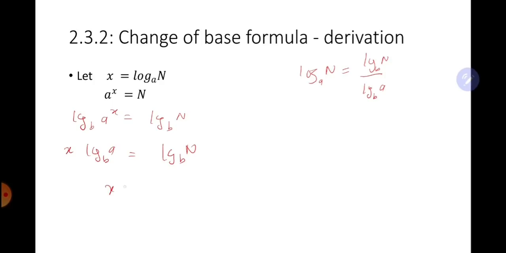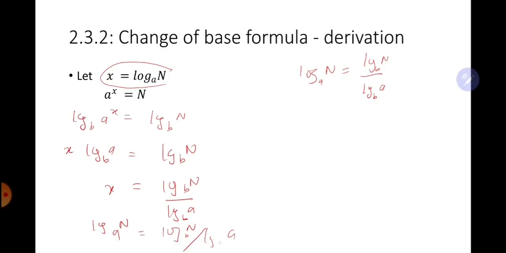So your x will be log n base b over log a base b. But your x is actually log n base a. So you can write log n base a equals log n base b over log a base b. So that is how you derive the change of base formula.